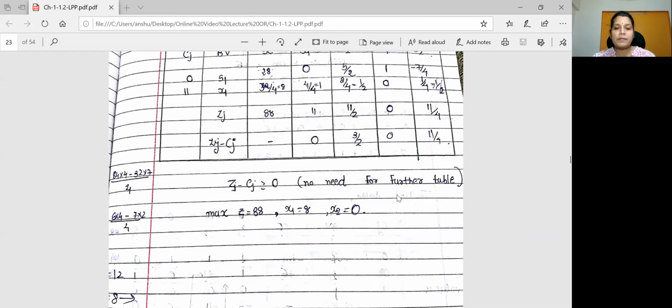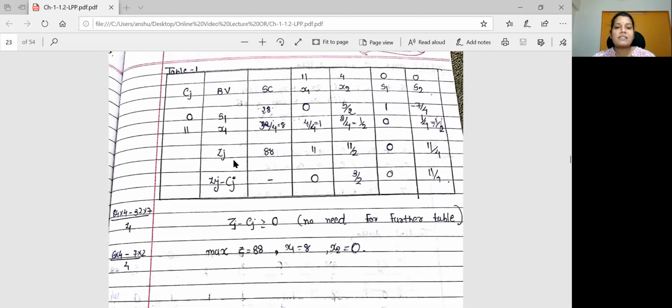हमें other table की अब जरूरत नहीं है. So our final answer is maximize Z is equal to 88. And here what are the values of x1 and x2? Because our question is maximize Z equal to 11x1 plus 4x2, obviously. So we put x1 and x2, we get maximize Z is equal to 88. So the value of x1 is 8.